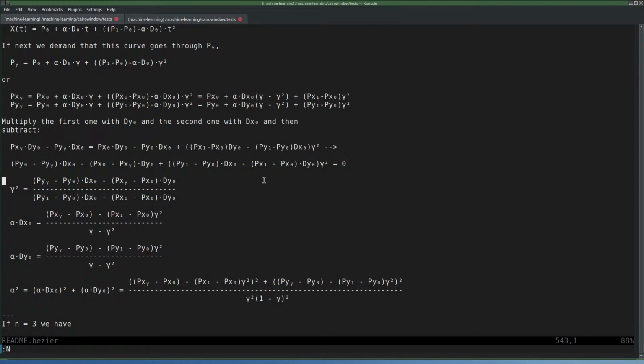And then I need a vector such that the dot product with D0 is this thing here. So that will have the coordinates of, I think this is from 0 to 1.